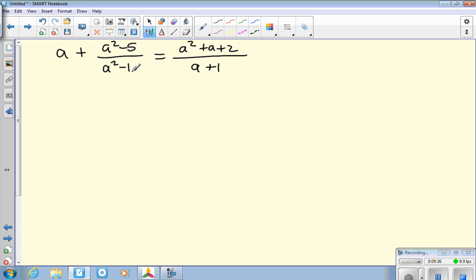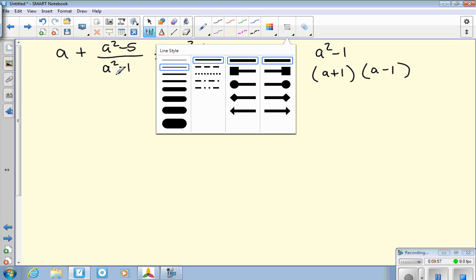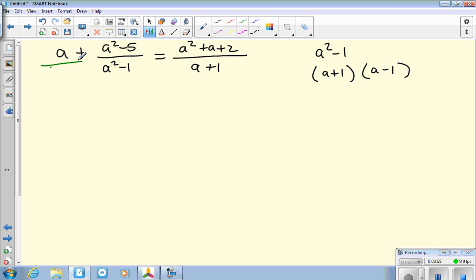Well, hopefully you remember that a squared minus 1 factors out to a plus 1 and a minus 1. So if you want to think of this as a plus 1 and a minus 1, it already has the a plus 1. So I need to multiply this one by a plus 1 times a plus 1.